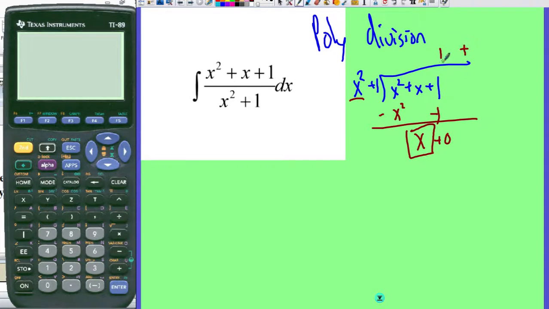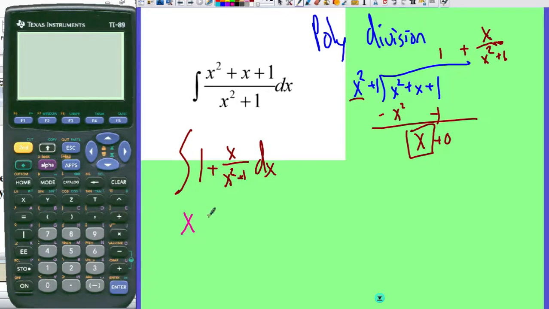So my polynomial is now 1 plus x over x squared plus 1. I'm going to rewrite this as the integral of 1 plus x over x squared plus 1 dx. Integrating this, the integral of 1 is just x. This other part, we're going to have to use substitution. So just for this part, my u is going to be x squared plus 1. du is 2x dx, so I want to put a 2 here.